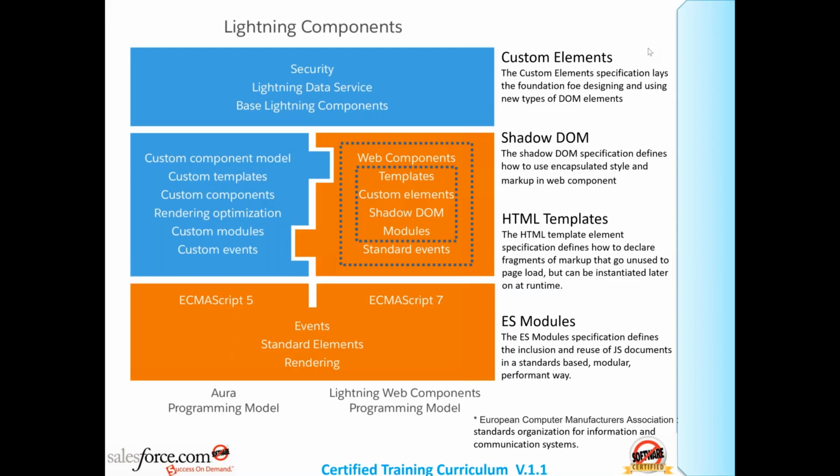Who created this? Salesforce. It's vendor defined. This lightning-button should work in an HTML page. That means you are integrating a custom element, a vendor's element, with HTML in an encapsulated style.